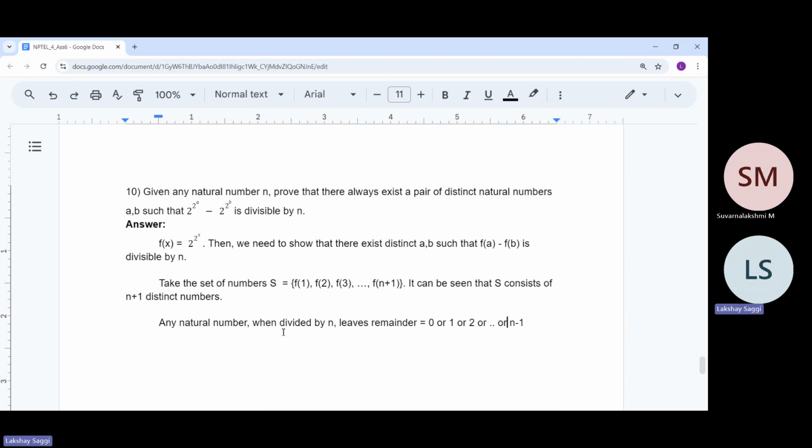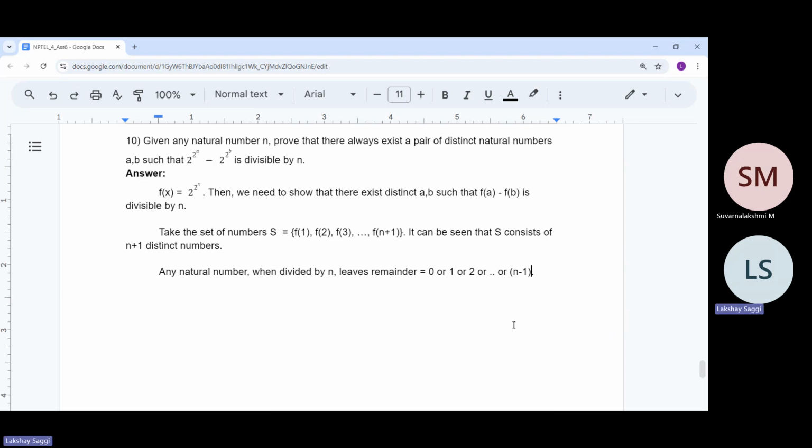So whenever a number is divided by n, the remainder can only be one value out of 0, 1, 2, 3 till n minus 1, right? The remainder is always between 0 and n minus 1. And note that there are actually only n possible remainders on division by n. You can see 0 till n minus 1 are n possible numbers.